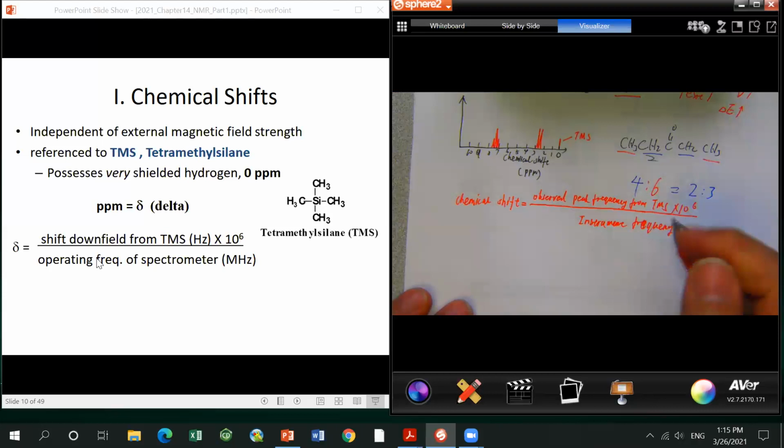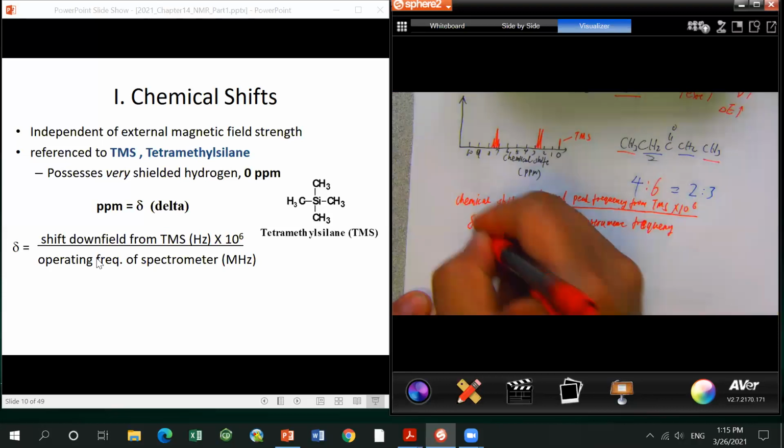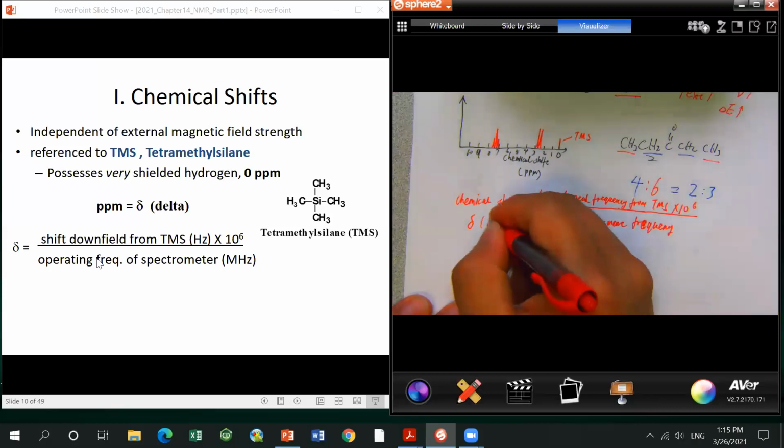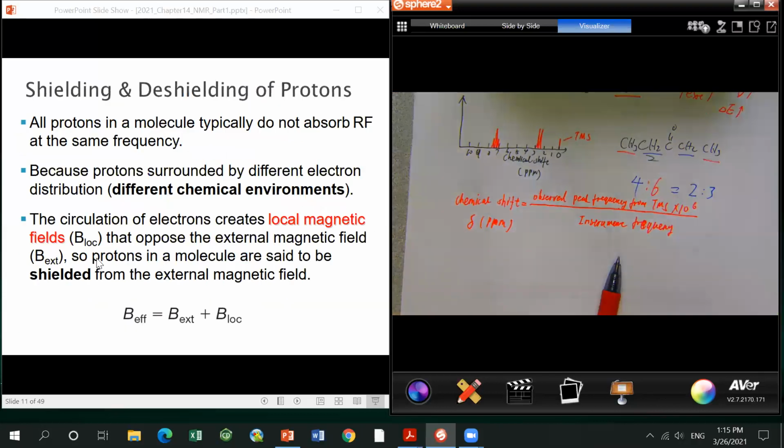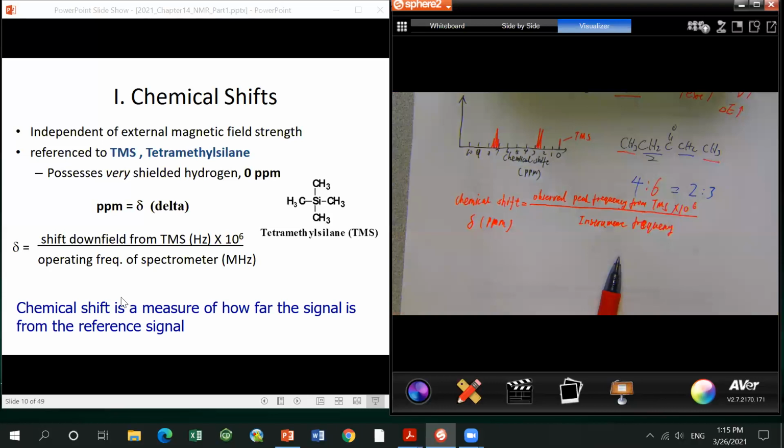For chemical shift, we normally use delta to indicate it, and the unit, as I already said, is ppm. Don't worry about shielded and deshielded, I will explain later. Just keep in mind that we are measuring how far the signal is from the TMS signal, a relative ratio. Also, based on this equation, you can change a big number into a small number.